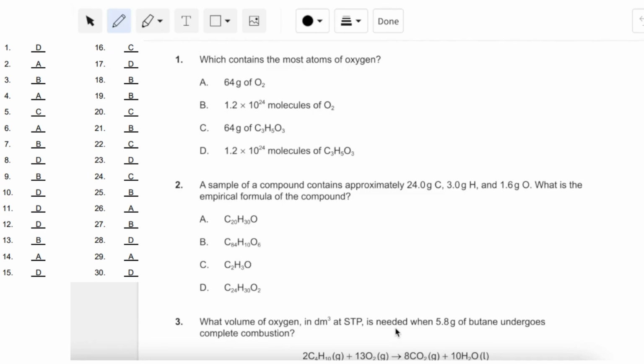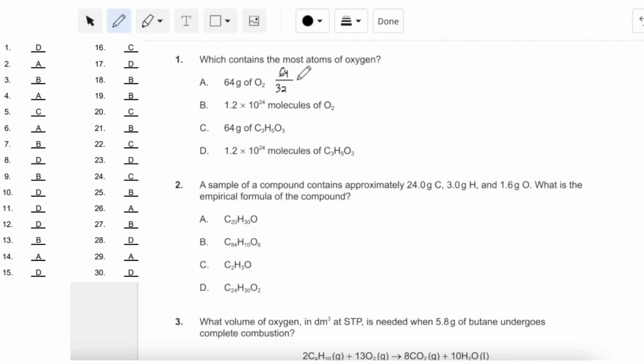Okay, let's start from number 1, which contains the most atoms of oxygen. We're just going to check which of A, B, C, D contains the most moles. For A, 64 gram of O2: 64 divided by the molar mass of O2, which is 32, because O is 16 and O2 is 16 times 2.